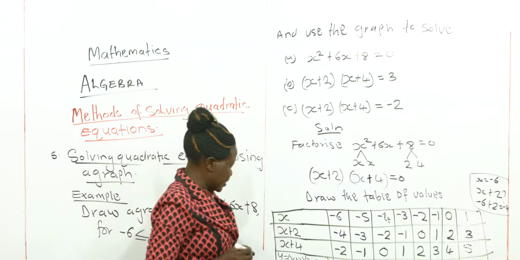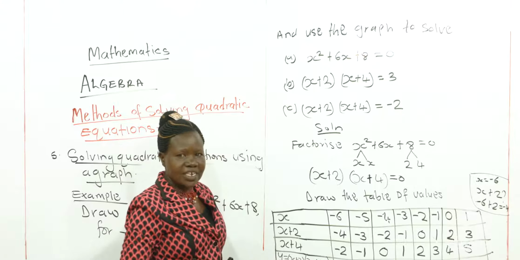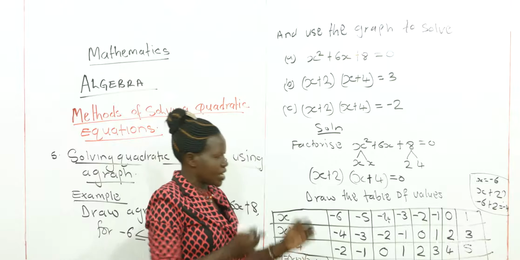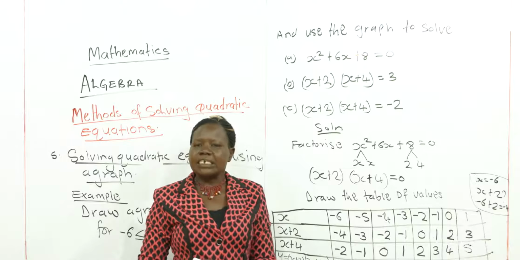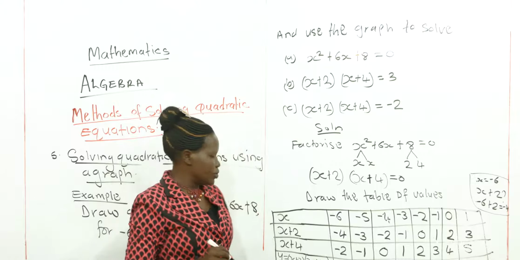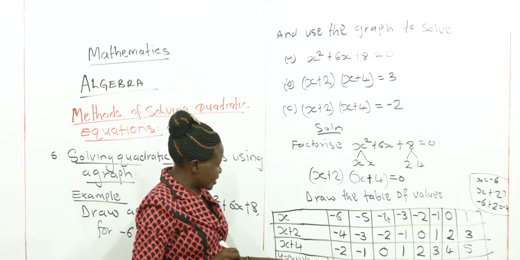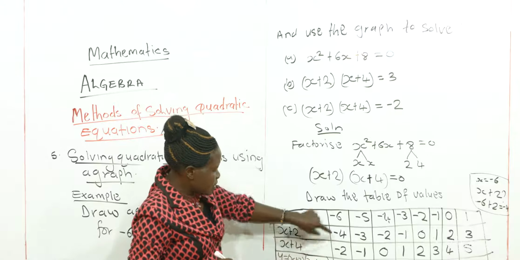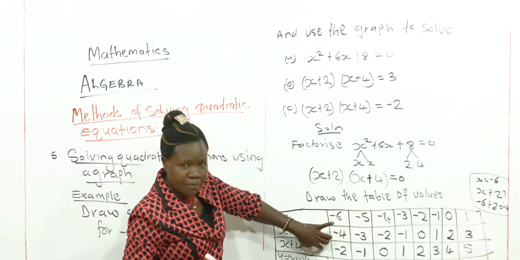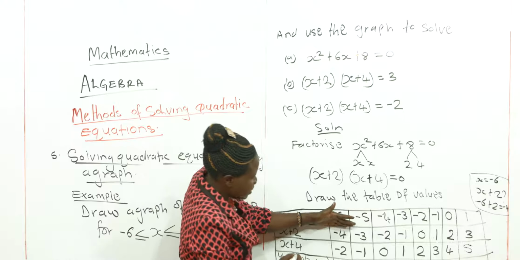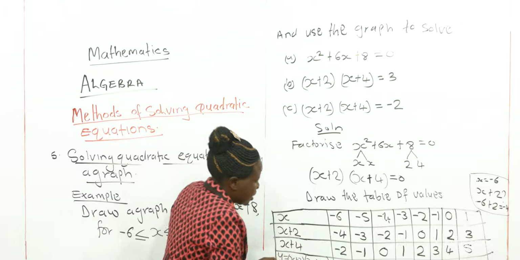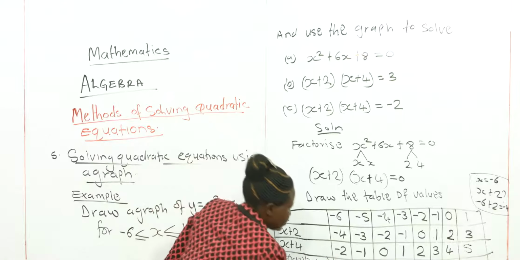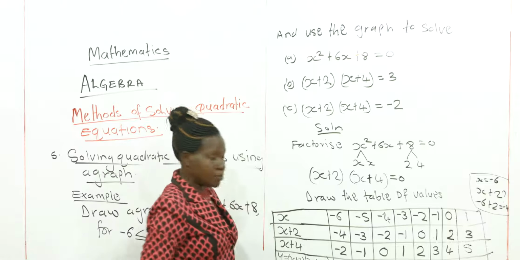Now, the last part is the value of y. How do we get the value of y? You can also go ahead by substituting, working on your rough paper. But to save time in your examination, you simply know that this is x plus 2 times x plus 4. Which means this is for x plus 2 and this is for x plus 4. You simply leave x and then you deal with these. When I multiply negative 4 times negative 2, I will get positive 8. That is the shortest way you can get.